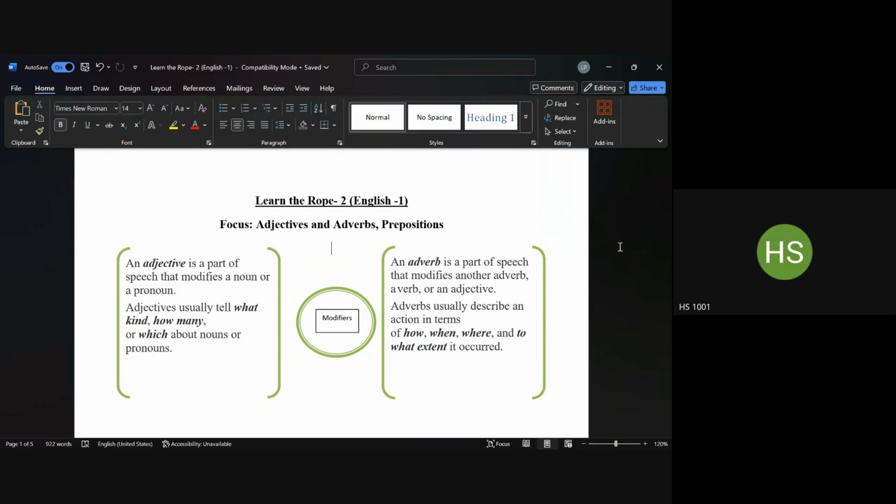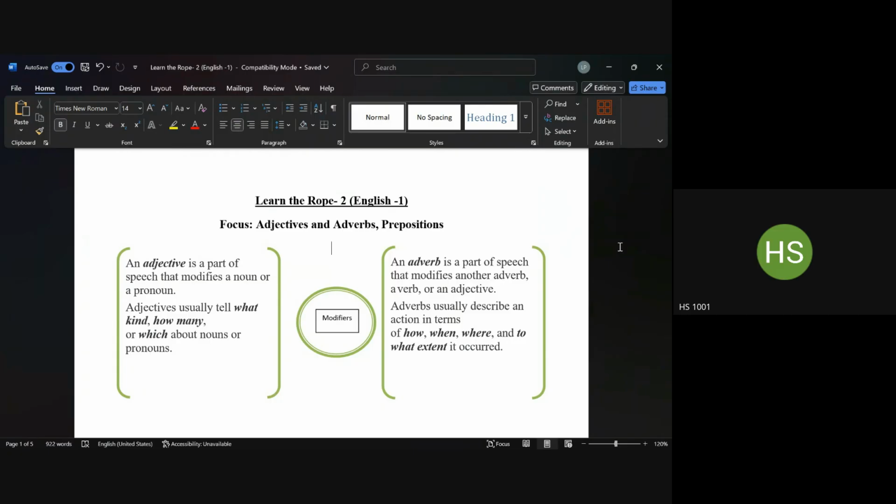You have a noun or a pronoun, and then there are certain modifications that words belonging to the class of adjectives can do to nouns and pronouns. Now, similar is the case with adverbs. Look at the description that you have for adverb. It's a part of speech that modifies another adverb, a verb, or an adjective, right? So this is still a modifier.